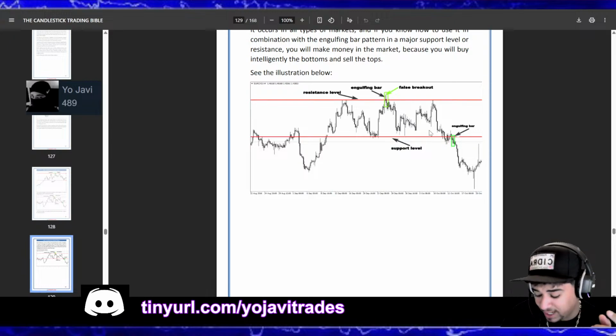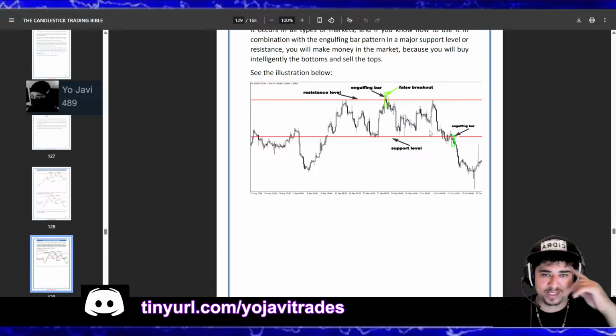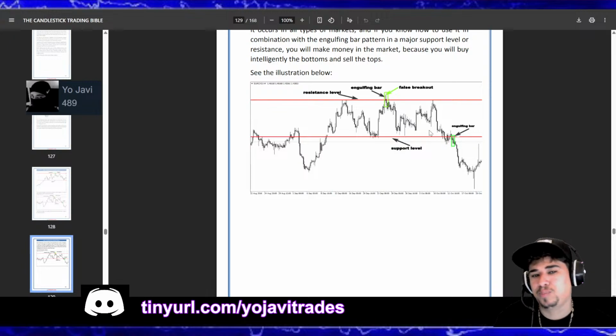The fair value gaps. And then what was the other one? Leverage. Okay. The way I think about leverage, I just think to myself, borrow money. It's borrow money to make your position bigger. Leverage really comes into play in Forex.